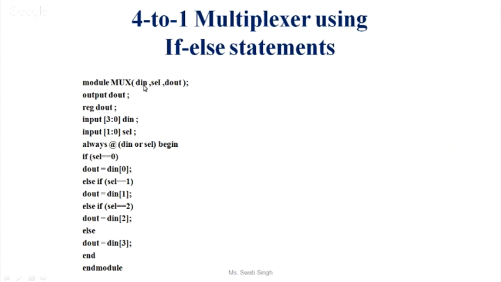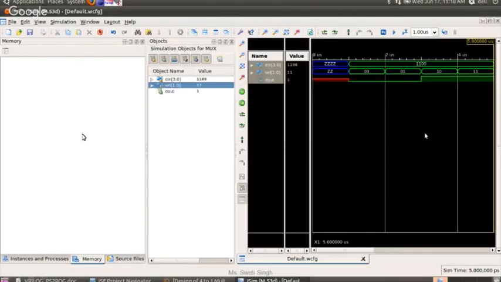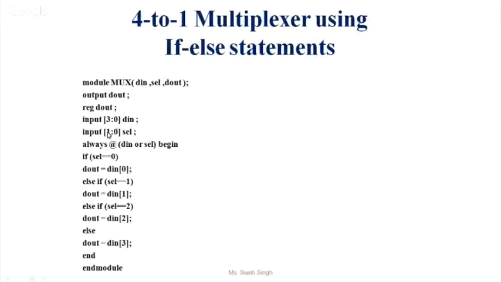Because there are 4 inputs, here I am taking the input as an array 0 colon 3, meaning 0 1 2 3, 4 bits for input, and the name is D in. Similarly there are 2 select lines, so we take input 0 colon 1 because we are using 2 select lines, select.